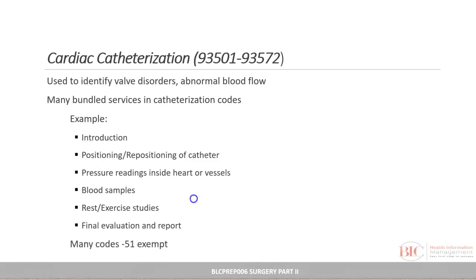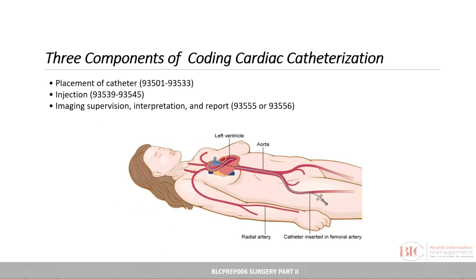A lot of the codes here are modifier 51 exempt. There are 3 components of coding cardiac catheterization. The first, the placement of the catheter, where was it placed, the injection, and the imaging, supervision, and interpretation and report.